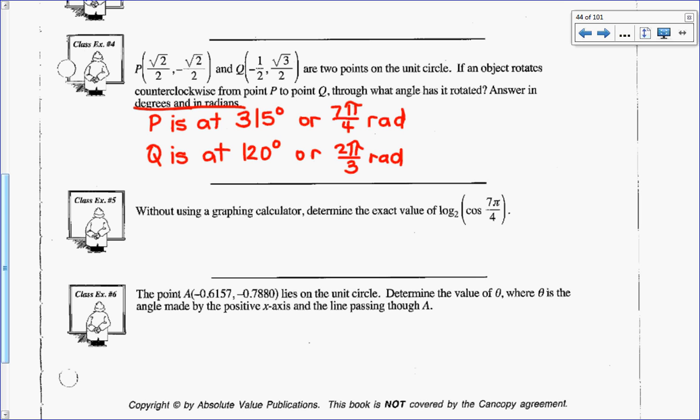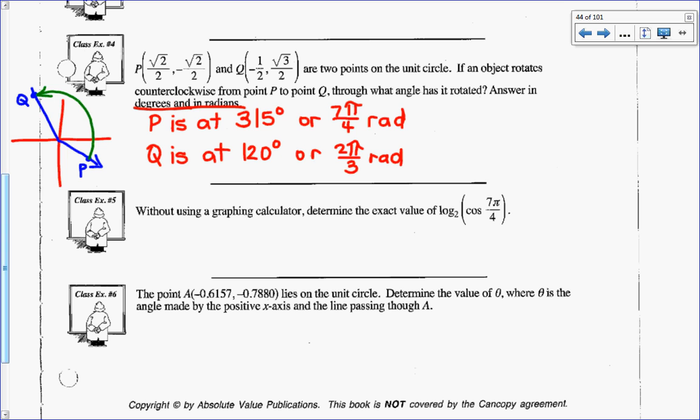Okay, so let's draw where these 2 points would be. 315 degrees would be in quadrant 4, so we have P here. And we have our Q at 120 degrees, which would be like there. There's point Q.